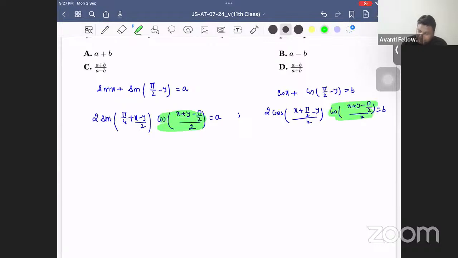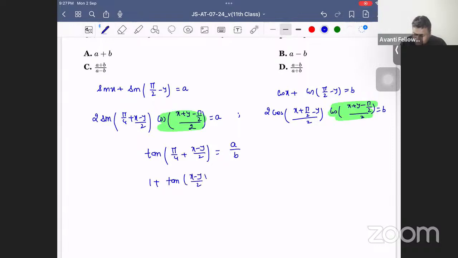So if I divide, this will cancel. So you get the value of tan (pi by 4 plus (x minus y) by 2) as A upon B. So it will be 1 plus tan (x minus y) by 2 upon 1 minus tan (x minus y) by 2 as A upon B. Got it? Now you cross multiply or use componendo and dividendo. You will get your answer.